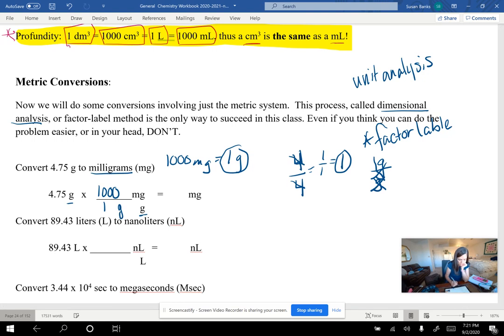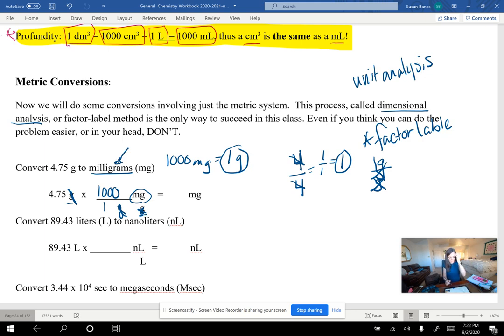I'm going to draw a better G. So notice that G, I didn't really need to write it down, will cancel. So I have G on top for grams, and I have G on the bottom right here for grams. So they will cancel. And the only unit I have left here when I'm all said and done is milligrams. And that's what I wanted to end up with.